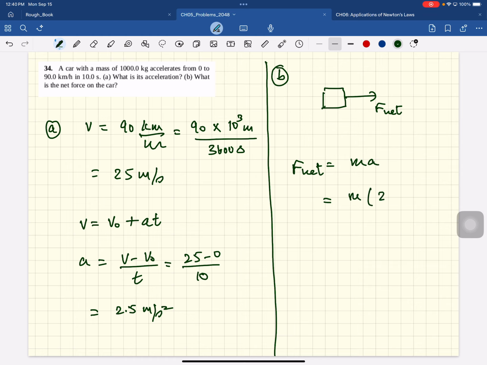Acceleration is 2.5 meters per second squared, and I'm going to write it in terms of g. You'll see in a second why I'm doing that. So here's the mass of the car, there's the acceleration, and what is this? That is g divided by g, that is 1.